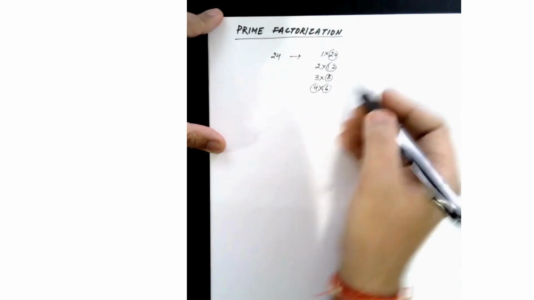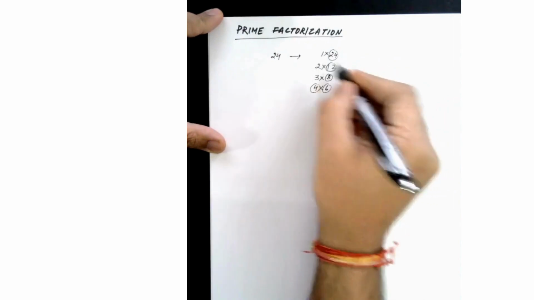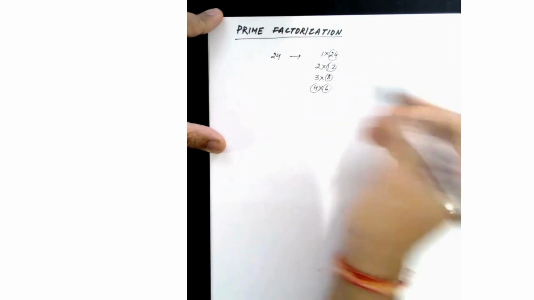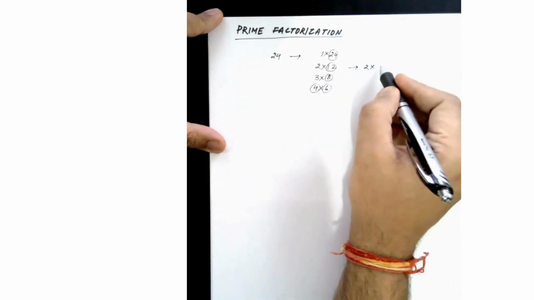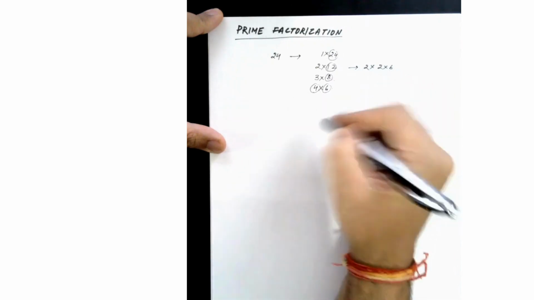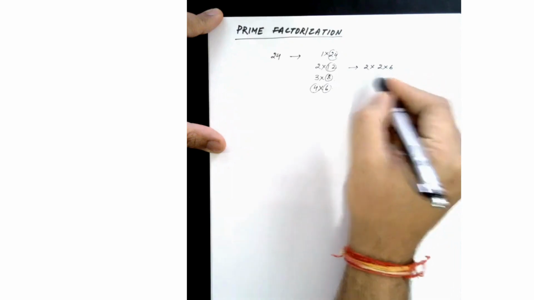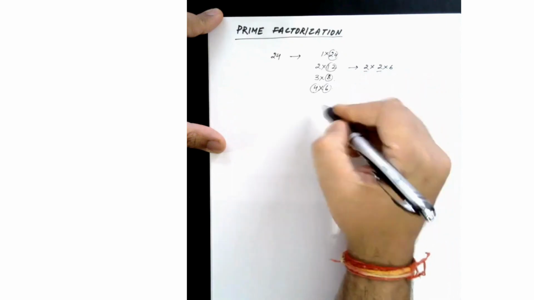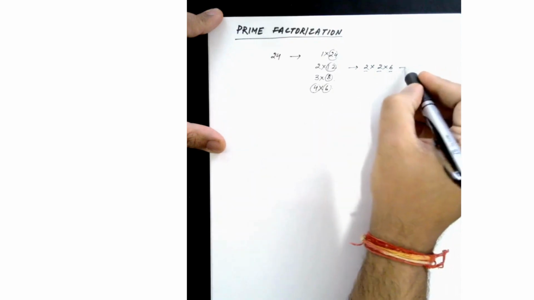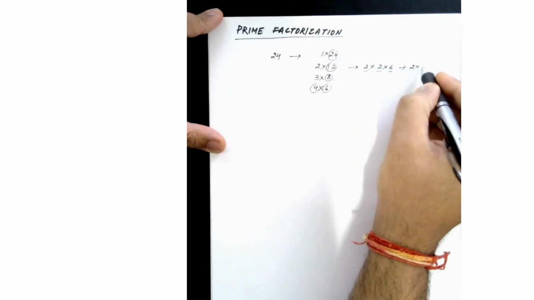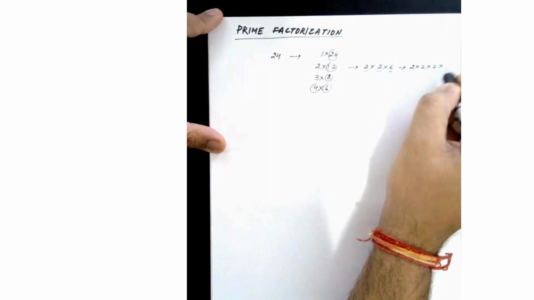If we take an example of these, we can further write it as 2, and this 12 we can further divide into 2 into 6. In this case 2 and 2 are prime numbers, and this 6 is still a composite number. We can further divide it as 2 into 2 into 2 into 3.